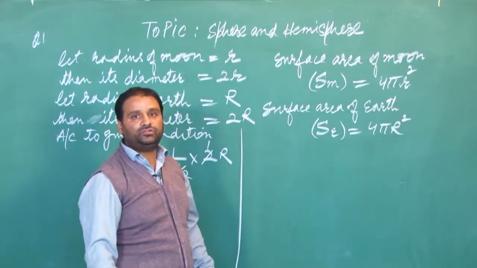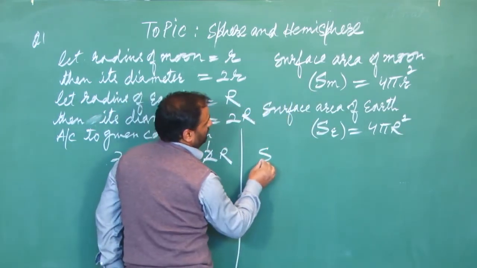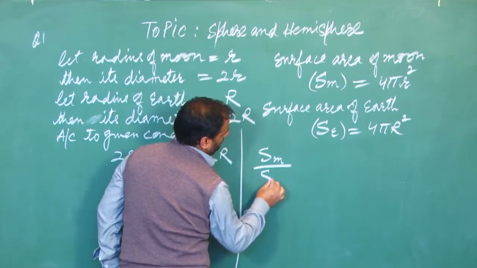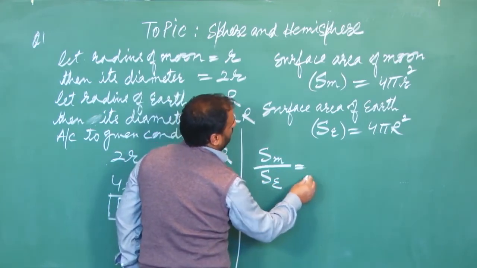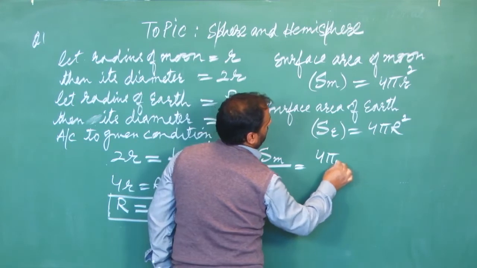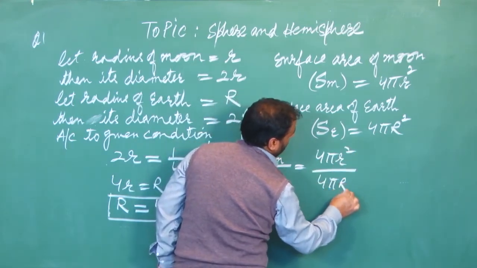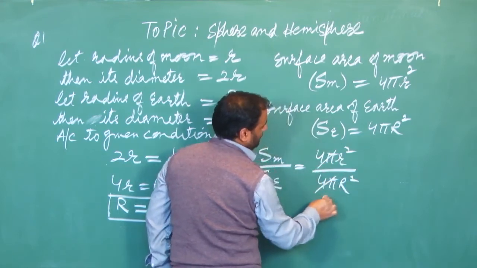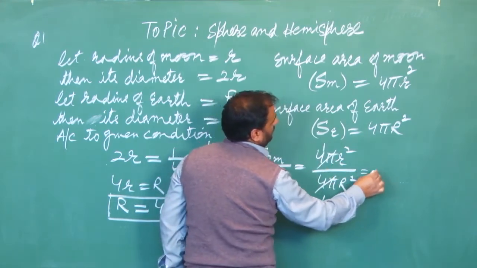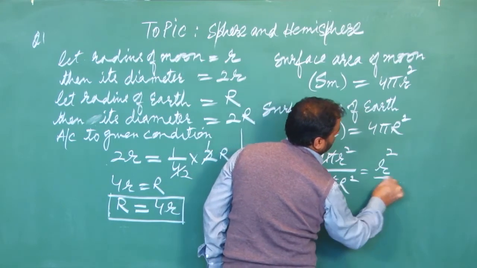Now we find the ratio between the two, surface area of moon to the surface area of earth. It is 4 pi r square divided by 4 pi capital R square. 4 pi and 4 pi is cancelled. It is r square by capital R square.